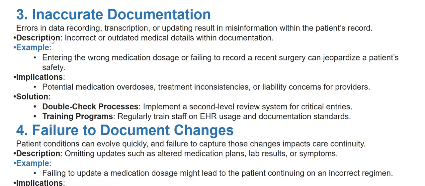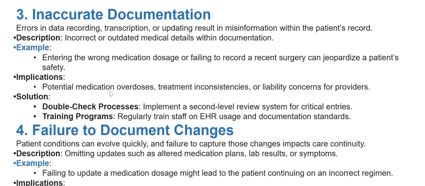Inaccurate documentation. Errors in data recording, transcription, or updating result in misinformation within the patient's record. Description: incorrect or outdated medical details within documentation. Example: entering the wrong medication dosage or failing to record a recent surgery can jeopardize a patient's safety.